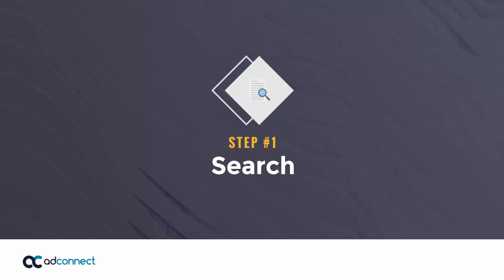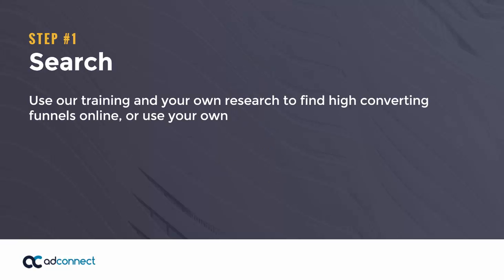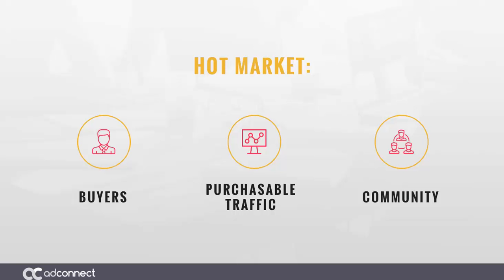Step 1, search for a page or a funnel or even a product that you would like to sell. There are 2 ways you can use this one. First, you can use our training and your own research to find high converting funnels online. Or you can even use your own product or services and improve your conversions.